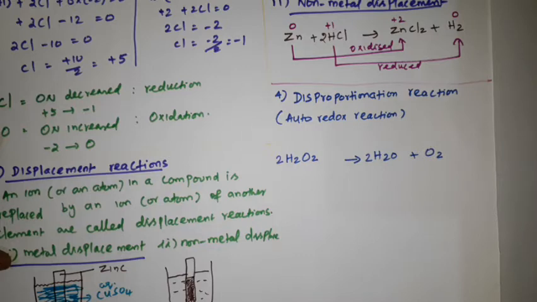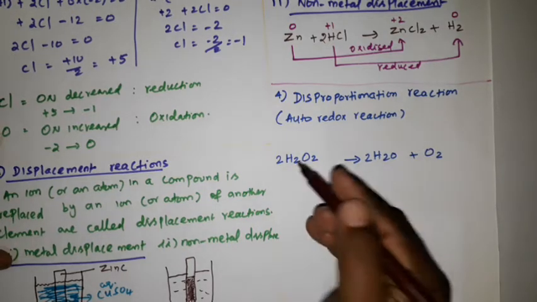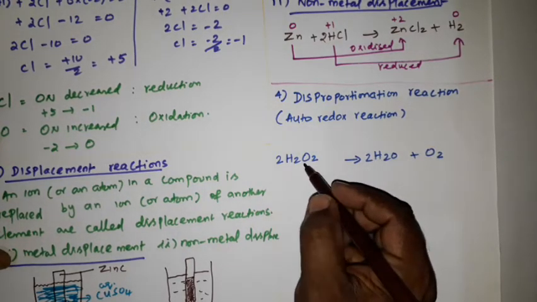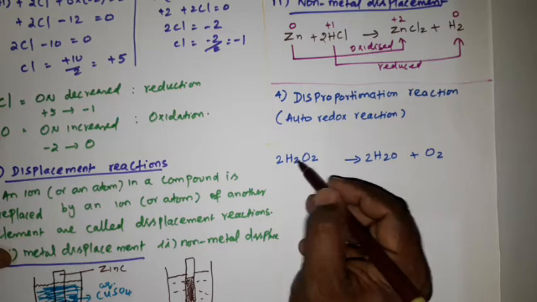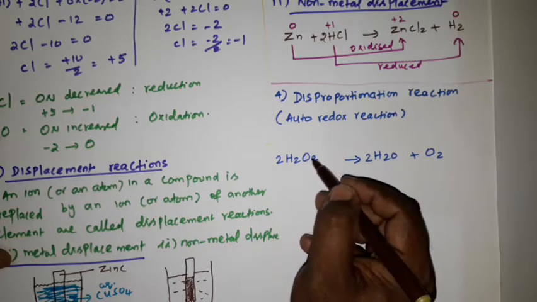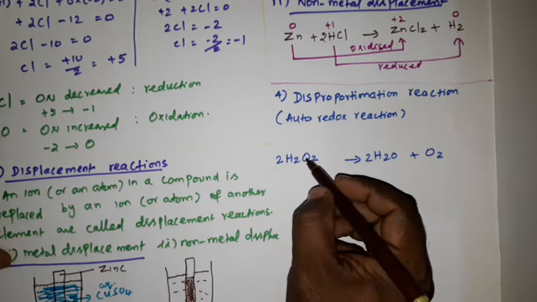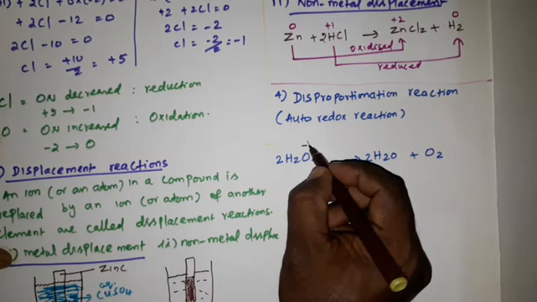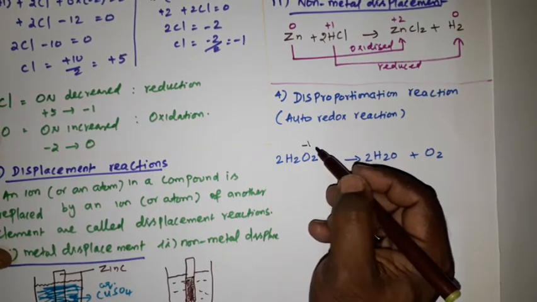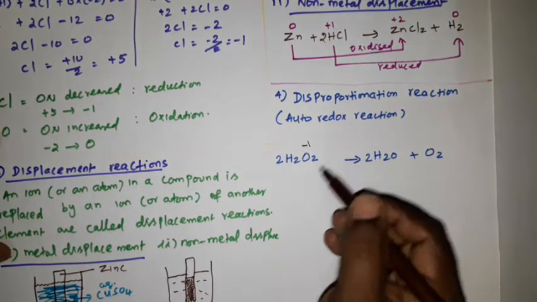Actually, disproportionation means, here hydrogen peroxide is there, and any one of the elements, either hydrogen or oxygen, for example here oxygen, has an oxidation number of -1. You can check according to the oxidation rules.